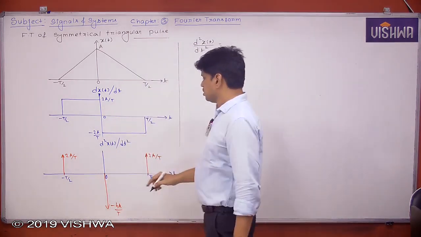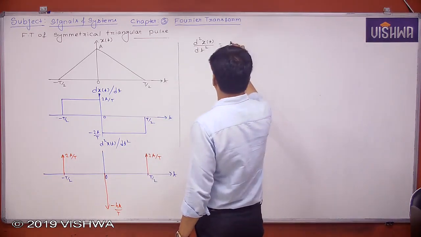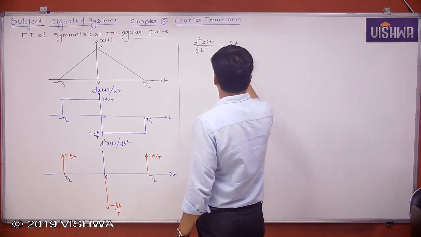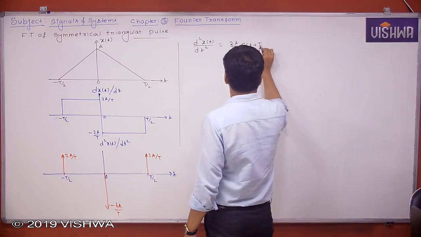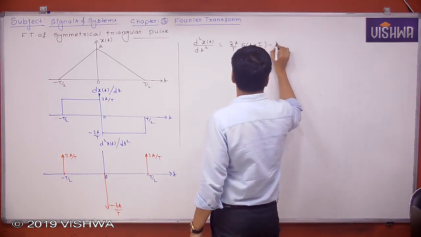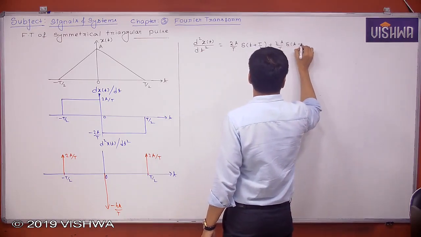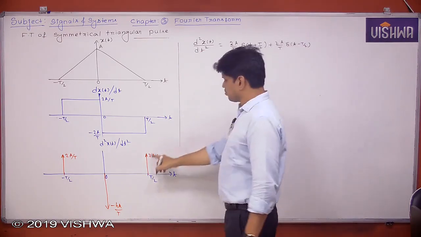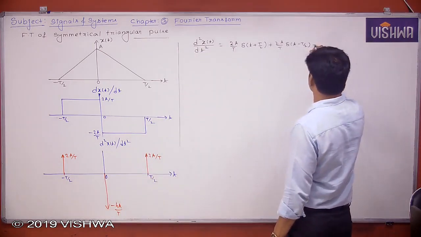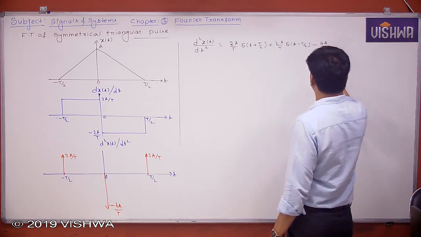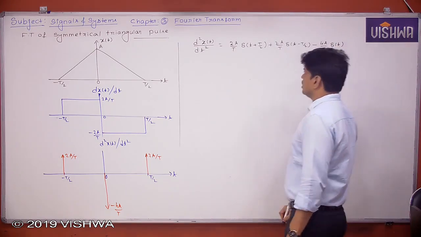First I take these two impulses: 2A by T delta of t plus T by 2, plus 2A by T delta of t minus T by 2. And in the downward direction we have the impulse at 0, minus 4A by T delta of t.